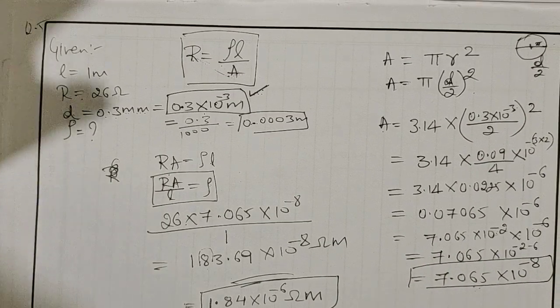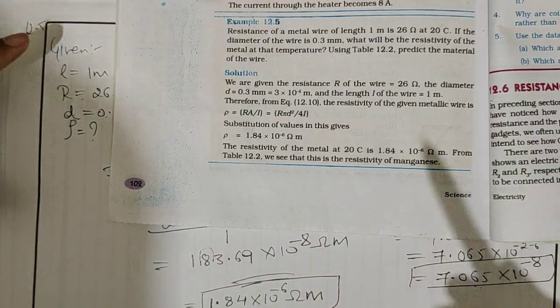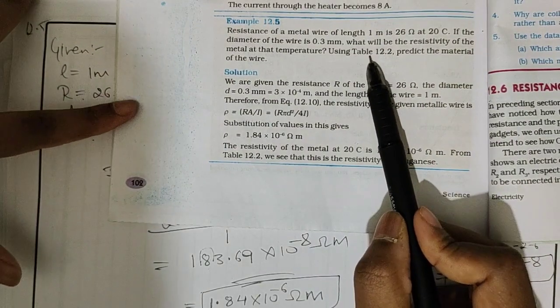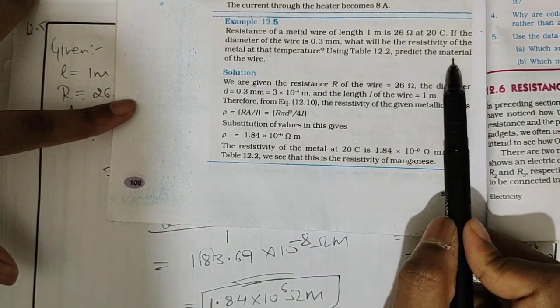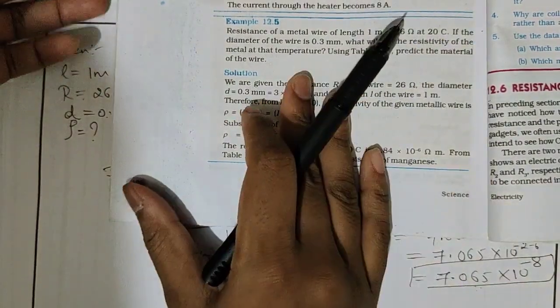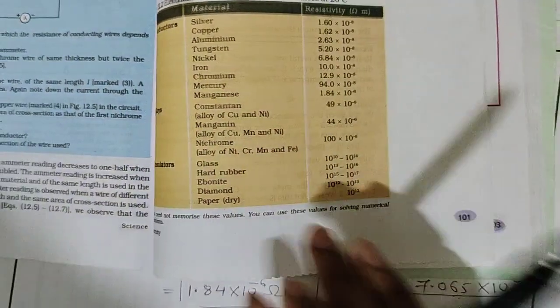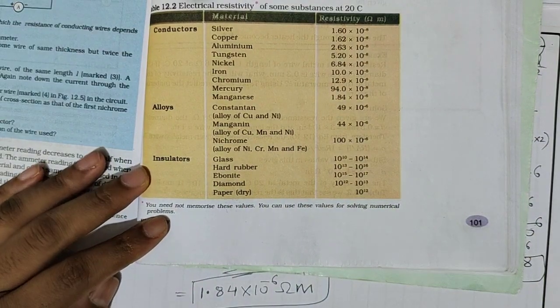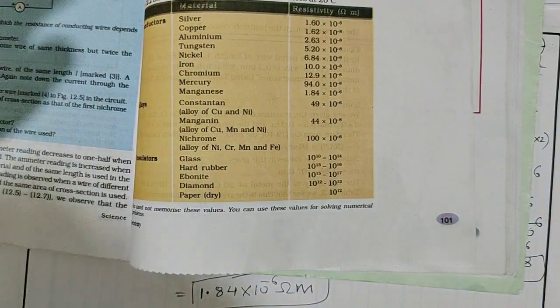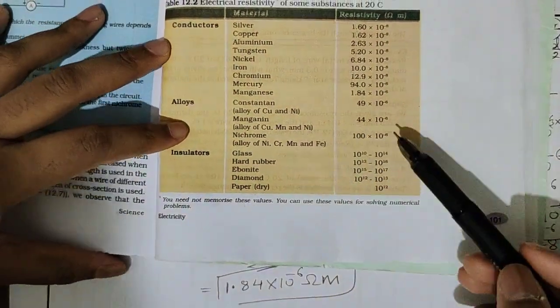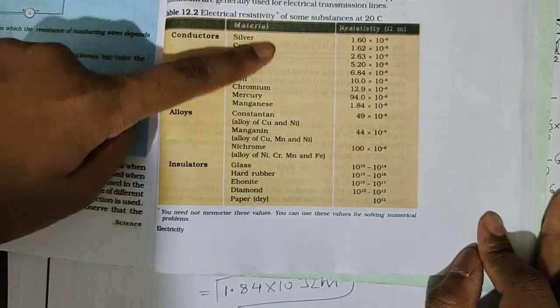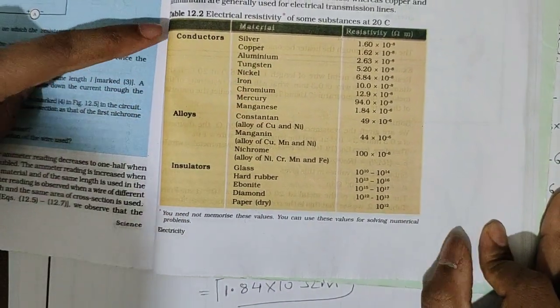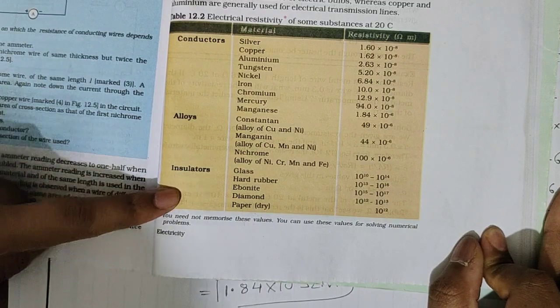As I told, in the question there is one more point. See, using table 12.2, predict the material. And what is that? So turn back your pages. See, here you got some values. That means all these are resistivity values. Here we have different materials which have been classified under conductors, alloys and insulators.